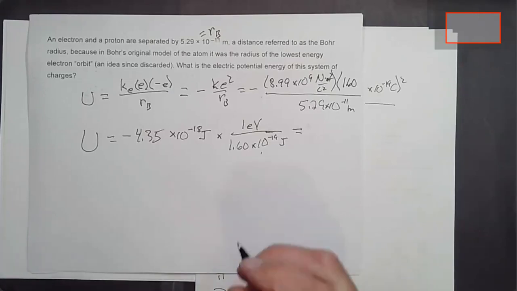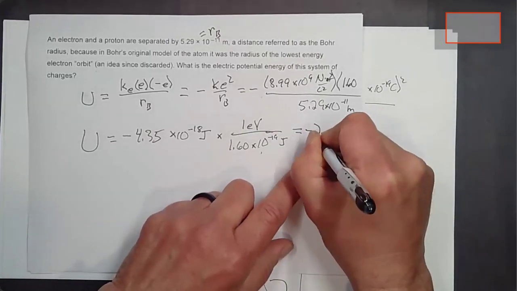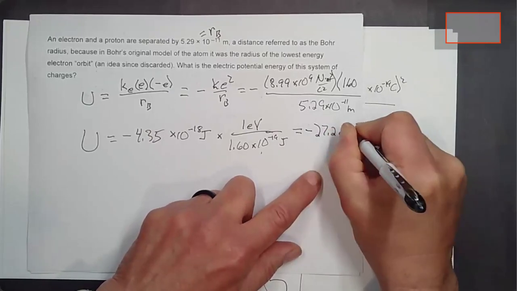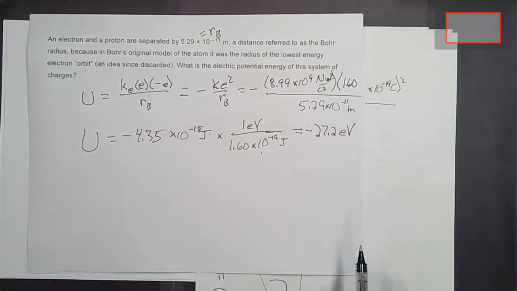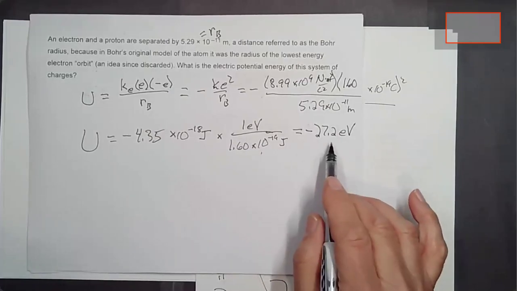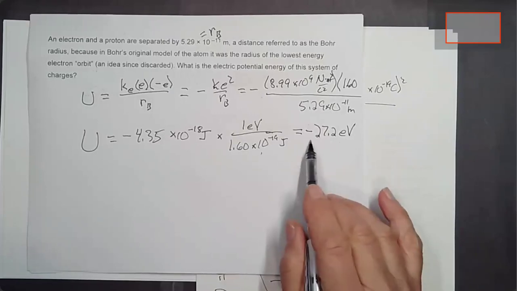Man, I get about minus 27.2 electron volts. If you've taken a chemistry class, you might have learned about the Bohr atom, but you probably didn't see that number in there.